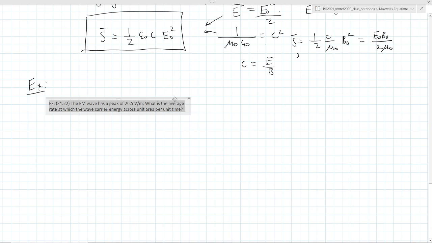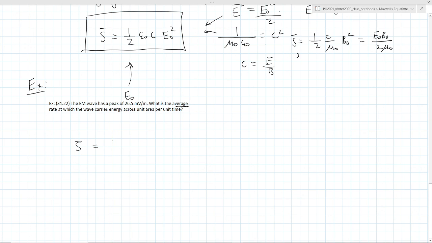The electromagnetic wave has a peak of, actually this should be millivolts per meter, 26.5 millivolts per meter. What is the average rate at which the wave carries energy across a unit area per unit time? Notice it's giving us the peak, which is conducive to using this expression, and we're looking for the average, like I mentioned.